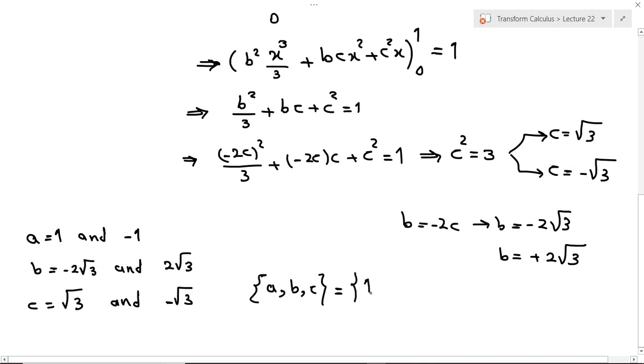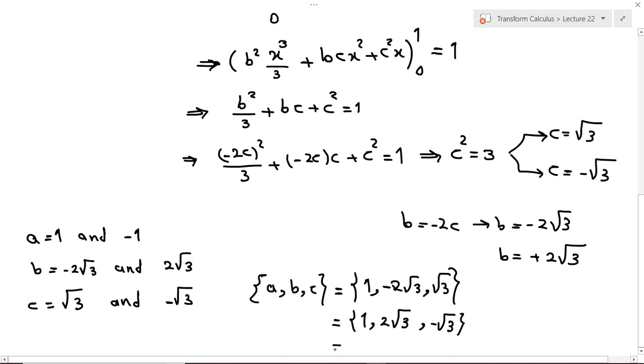So in fact, a, b, and c can be equal to 1, minus 2 root 3, and root 3. It's one set of solution. The second one can be equal to 1, 2 root 3, and minus root 3.